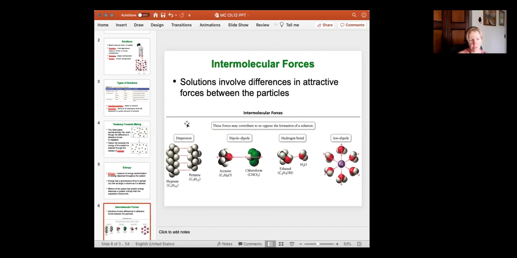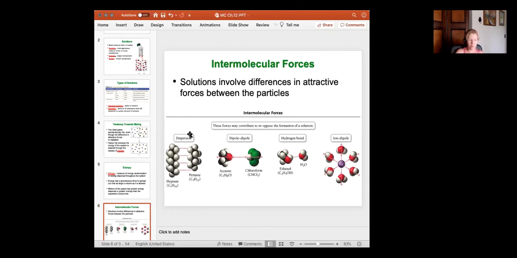These are very fleeting, they don't last very long, but dispersion forces can be additive. If you have a really long molecule, you can have thousands of these dispersion forces happening between two molecules, and those forces can start to add up even though they're really, really small.